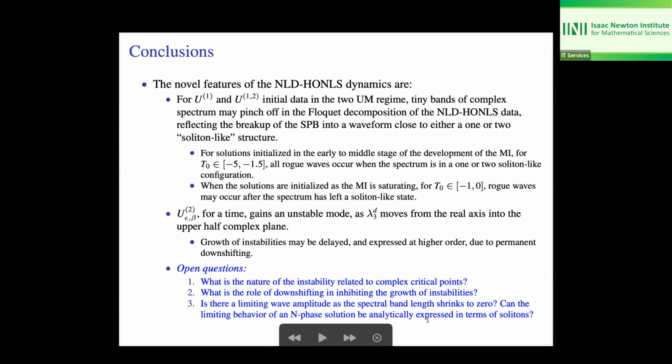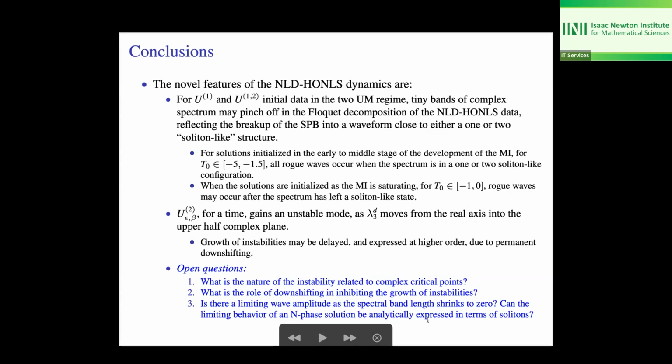And so for solutions that are initialized in the early to middle stage of the development of the modulational instability, all rogue waves occur when the spectrum is in this 1 or 2 soliton-like configuration. And when the solutions are initialized as the modulational instability is saturating, then rogue waves may occur after the spectrum has left a soliton-like state.